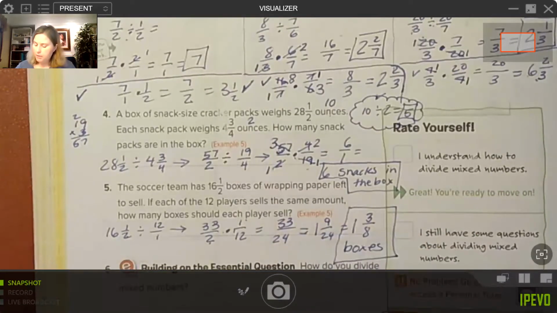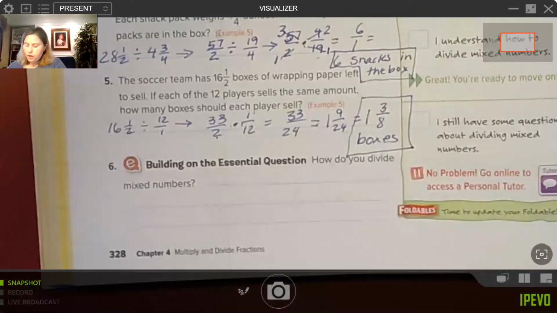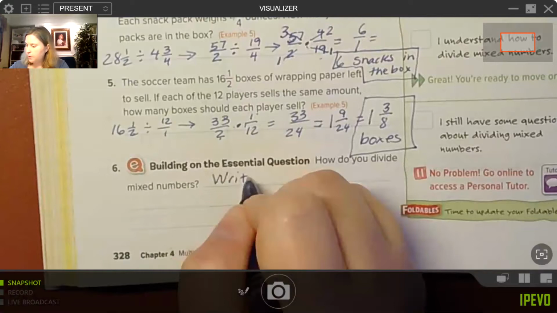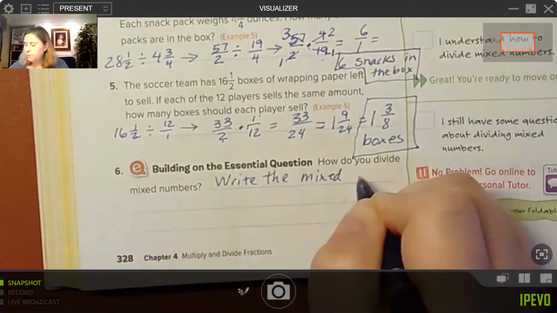And then how do you divide mixed numbers? So this is a one sentence answer. Write the mixed numbers as improper fractions.